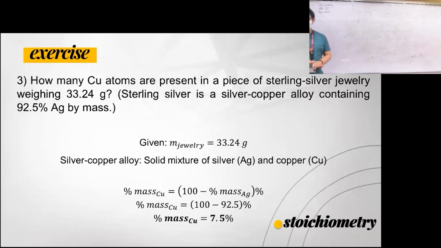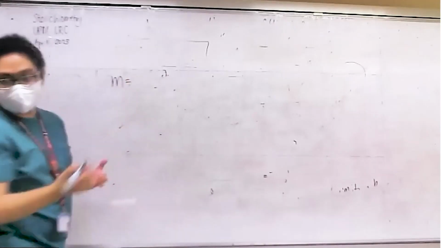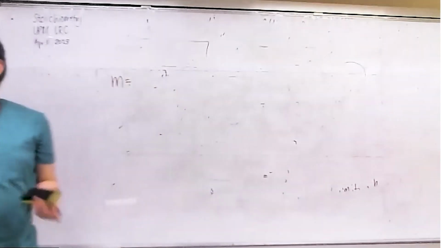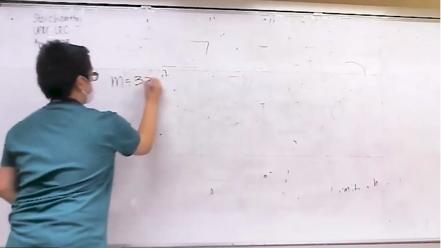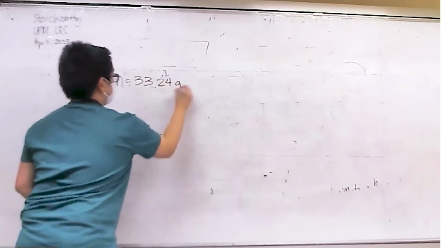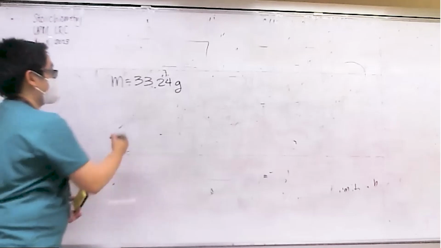Actually, yung mga given natin is yung mass ng jewelry, which is 33.24 grams. And we want yung how many copper atoms yung nandoon.